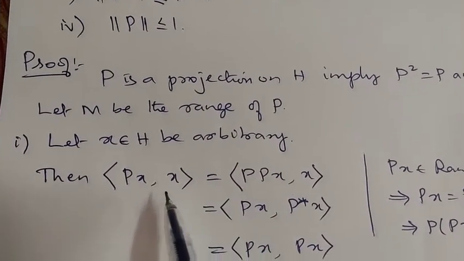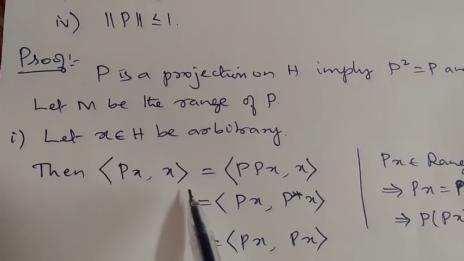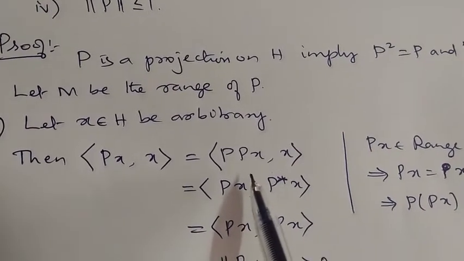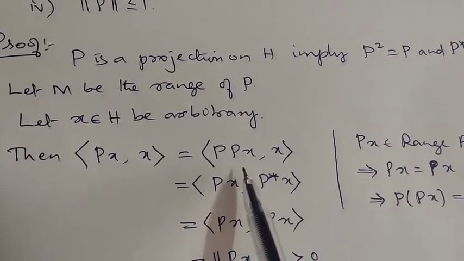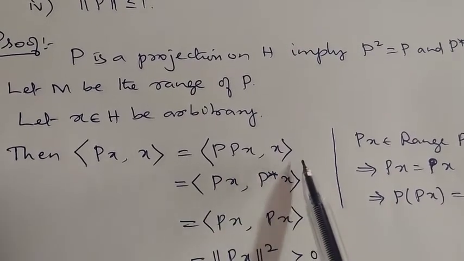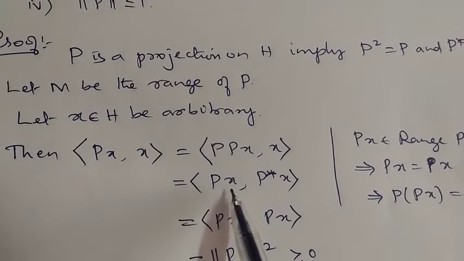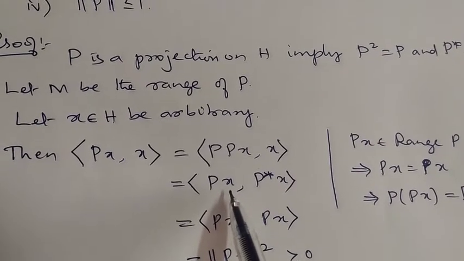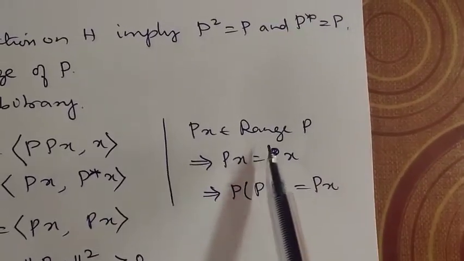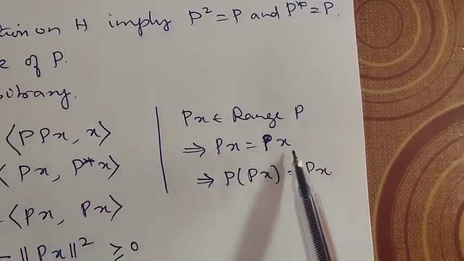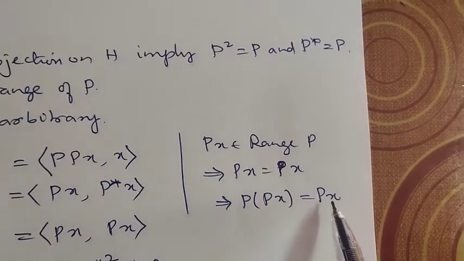Then by definition, inner product of P of x comma x is equal to P of P of x, which is P square of x. So P of x comma x can be written, look here, as P of x belongs to the range of P, meaning P of x is equal to P of x.